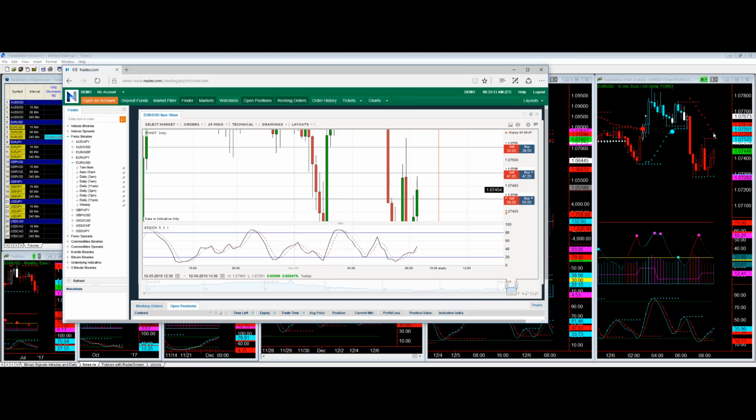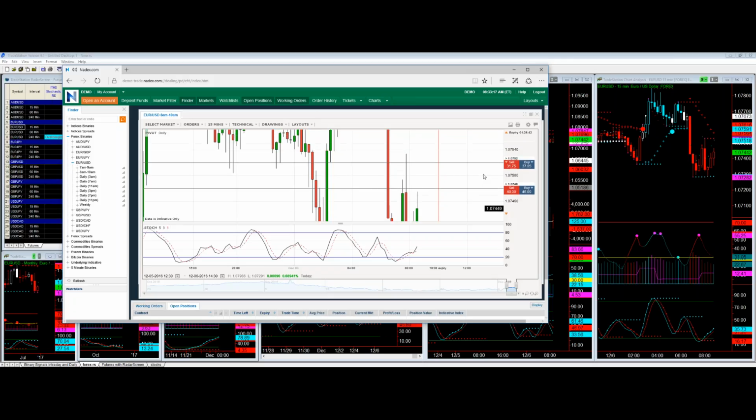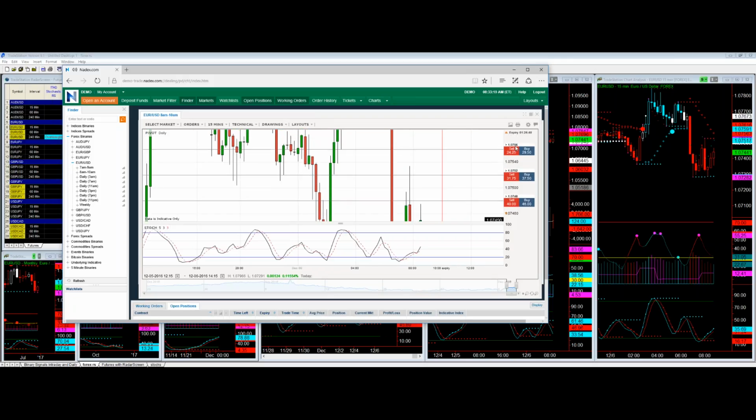Now, what I want it to do is go back to 0756. That's going to be up here. That's where my ATR is. At the same time, I'm watching the stochastics. I would actually like to see it make a lower high, but a higher high in the stochastics.